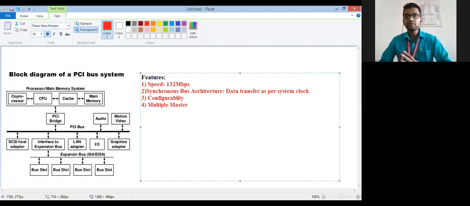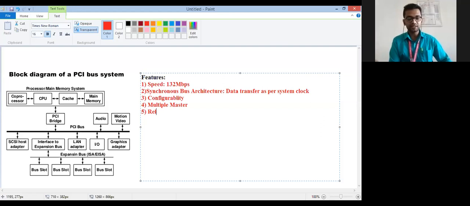If 2, 3, 4 masters are there, they can take charge of the bus and send and receive data on the PCI bus. But data transfer takes place for only one master at a time. When the data transfer of one master is completed, the charge is given to another master, and similarly that master's data transfer takes place. So this is a multiple master bus.